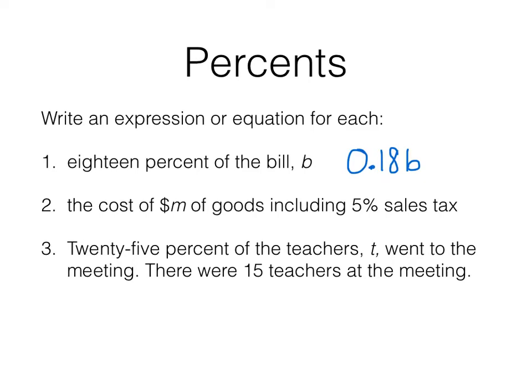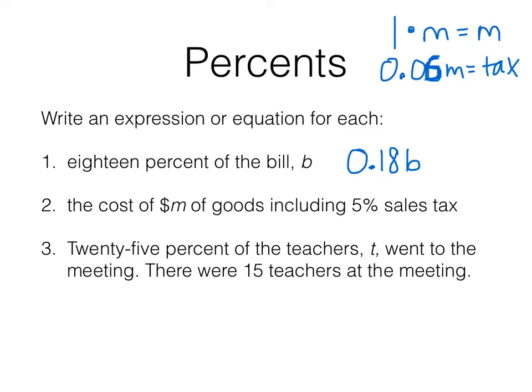Number 2, the cost of M dollars worth of goods, including 6% sales tax. So this is a little bit trickier. This is a great thing for you to be able to use when you're out shopping. So let's think about this real quick. 1 times M gives me M. 6% of M, because that's our sales tax, actually it's 6% here in this part of Virginia. It's 5.5% in other parts, but it's 6% here in Virginia. 6% of M gives you the tax. How can I, in one step, go get the total with tax?